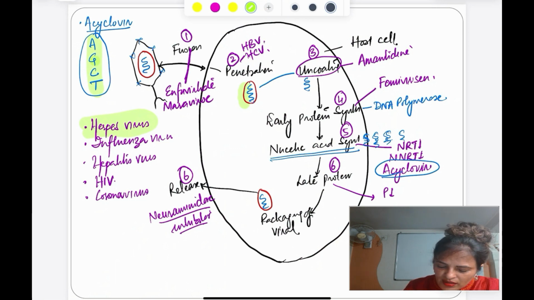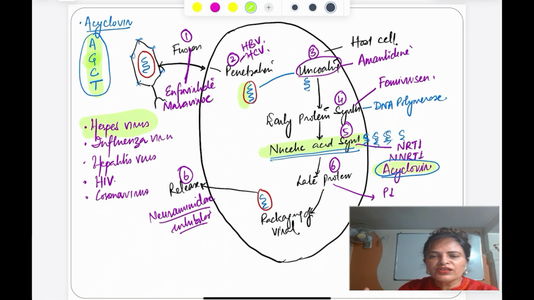So the drugs which usually act by inhibiting nucleic acid synthesis are either purine analogs or pyrimidine analogs. Like acyclovir, it is a guanosine analog, with structural resemblance to guanosine.